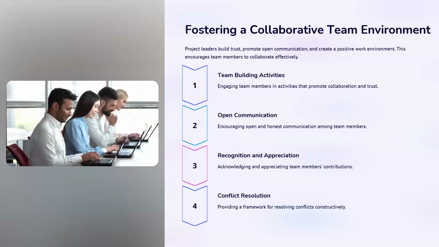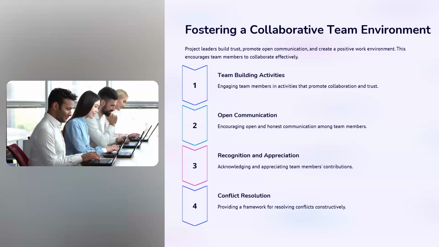So fostering a collaborative team environment. How to make the team work in a collaborative environment? These leaders build trust, promote open communication, and create a positive work environment. First is creating trust, by inspiring the team members and making team members completely agree to the words of the project leader.